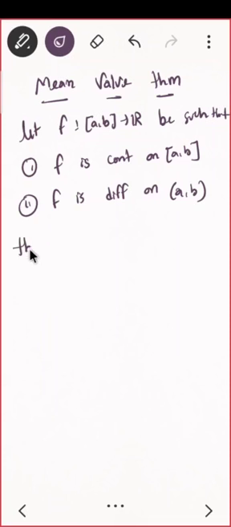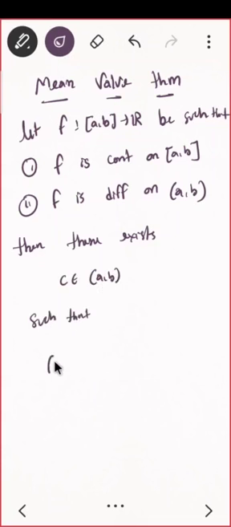Then there exists c belongs to (a, b) such that f dash of c equals, or you can also say like this, f of b minus f of a.